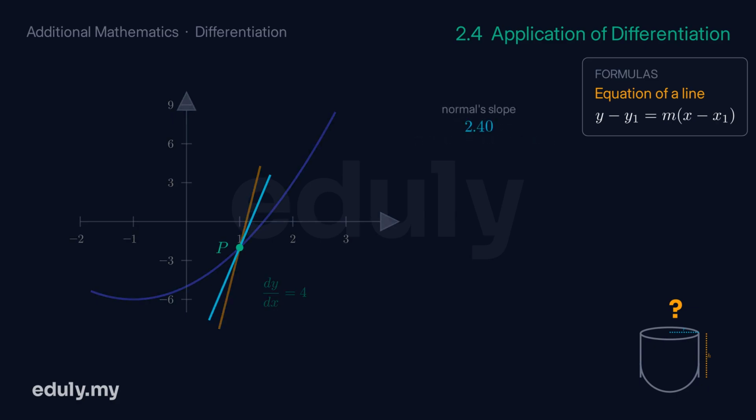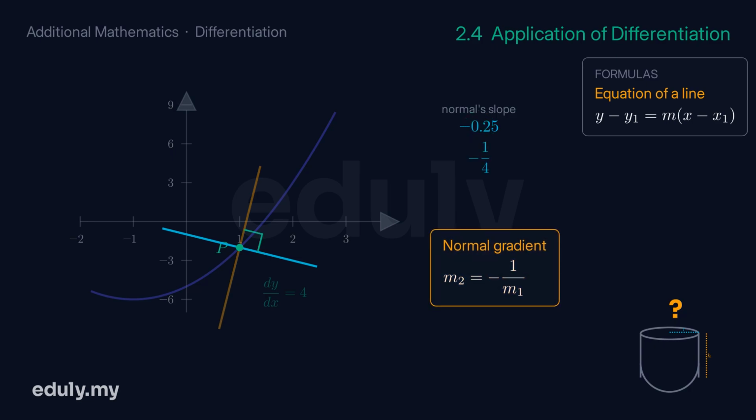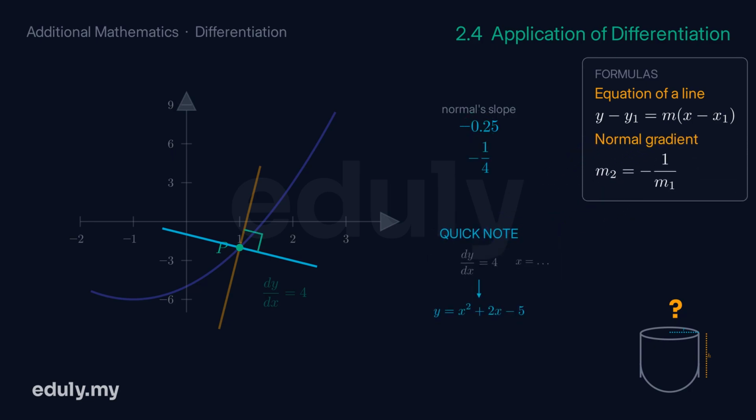Not -4, think perpendicular. -1/4. Tangent slope times normal slope always makes -1. Once you solve for x, go back to the original curve for y, never the derivative. A common slip.